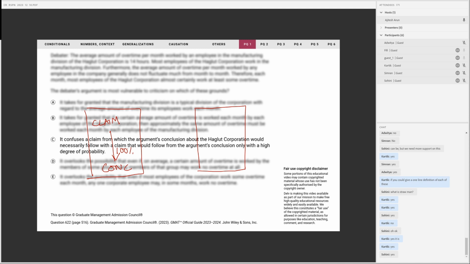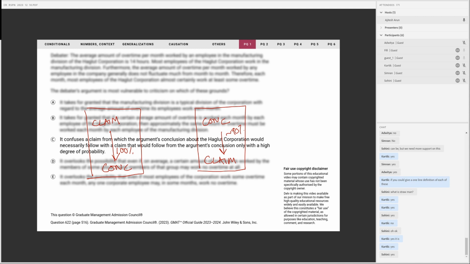And that is being confused with a claim that would follow from the conclusion only with a high degree of probability. So a claim that would follow from the conclusion, remember, with a high degree of probability. So maybe 90%? Just to be clear, I'm just writing a number over here. I'm not saying that the option says this.